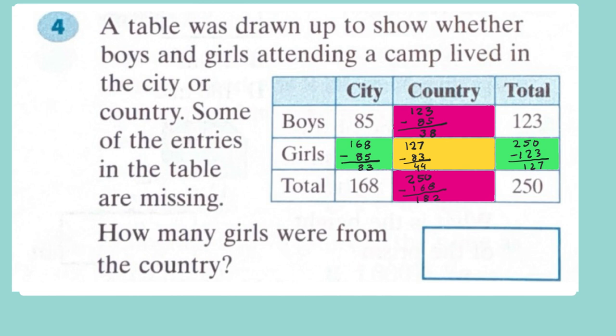So now, to find out how many girls from the country, I will need to say 182 take 38, and I will get 44, exactly the same number as I predicted, whichever way you do it. So the answer can be written as 44.